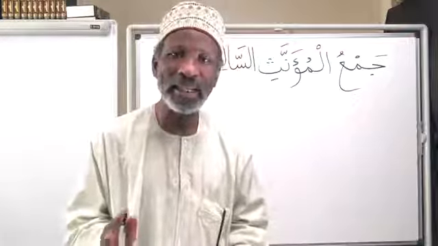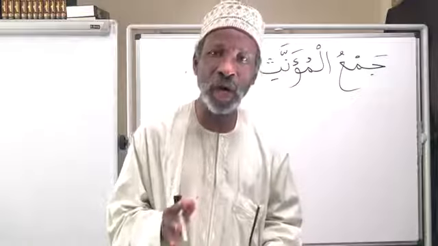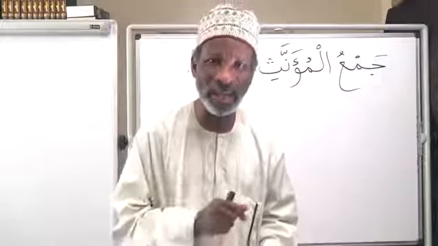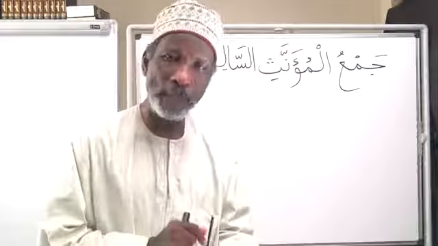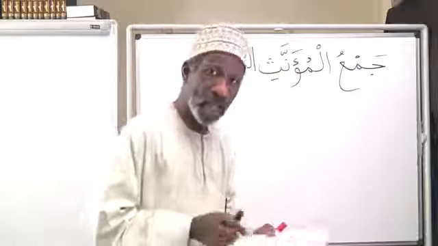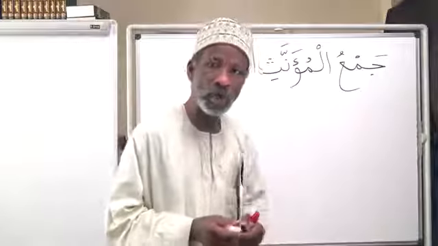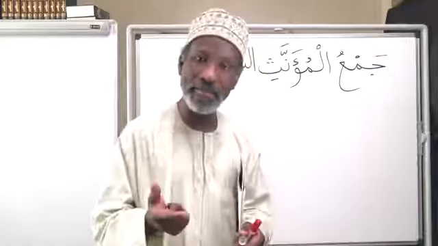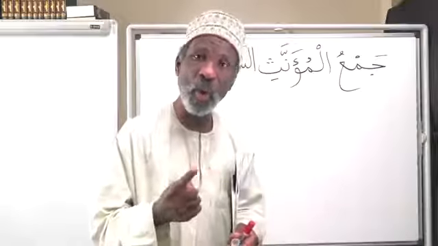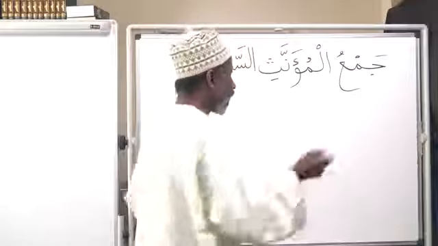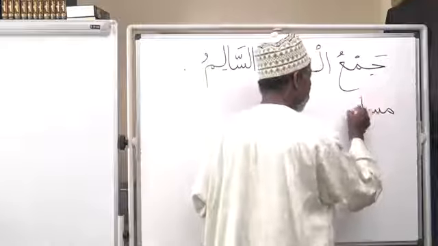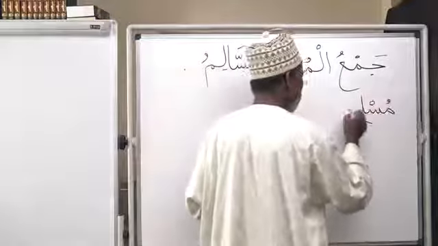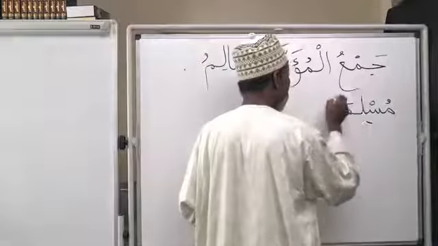Now let's deal with the Jama' al-Mu'annath Salim, the sound feminine plural, still on page 40. Now the ending for Jama' Mu'annath Salim is atun or atin. Let's use the example of muslimatun.